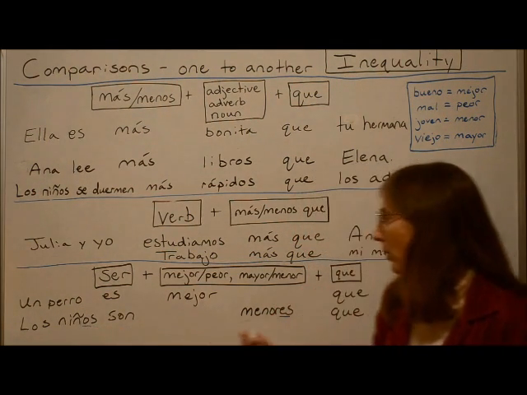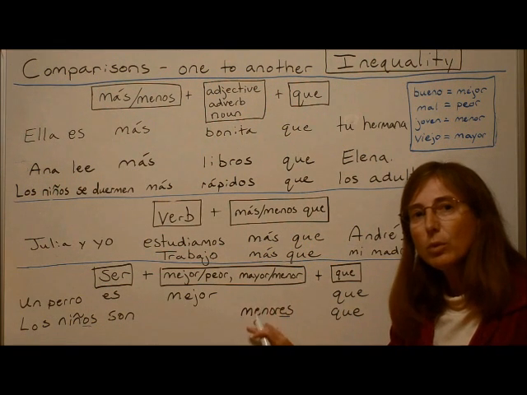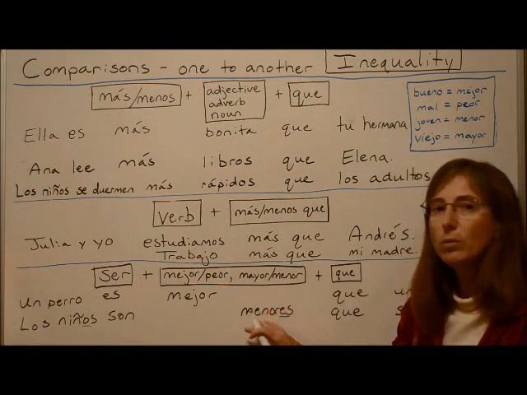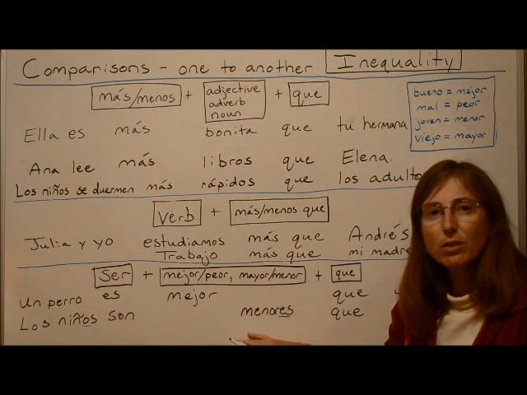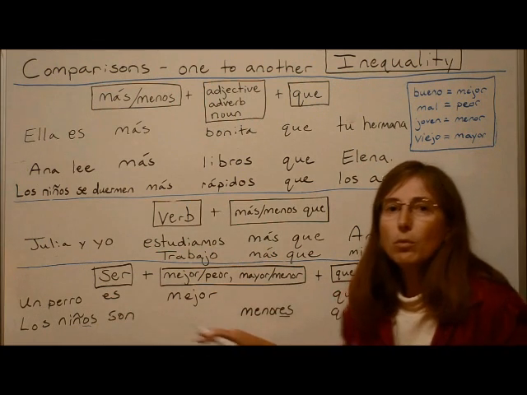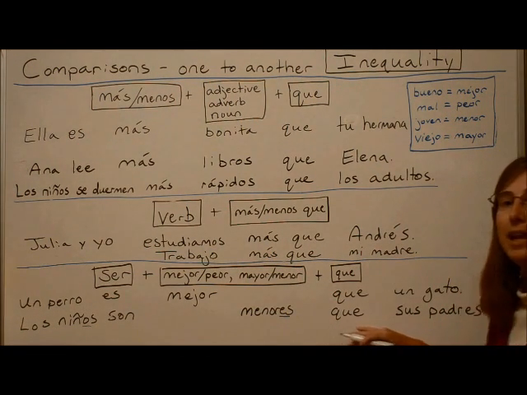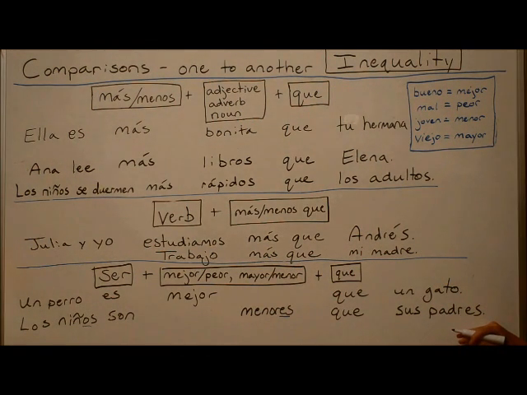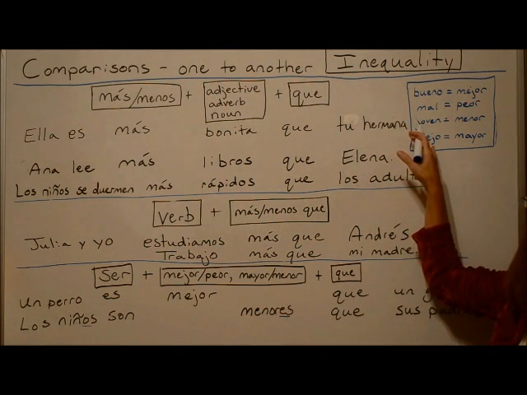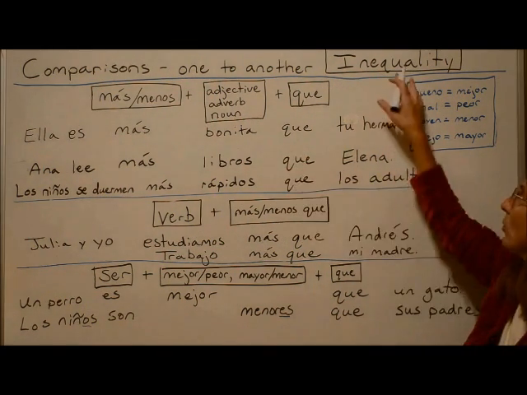So mejor, mayor, and menor are going to agree in number with the noun that they're describing. So if they were older, we would say mayores, we're saying they're younger, menores, okay. Los niños son menores que sus padres, okay. We don't say más or menos with these four.